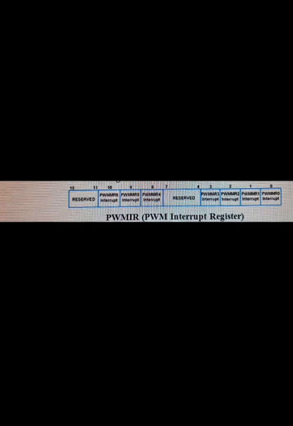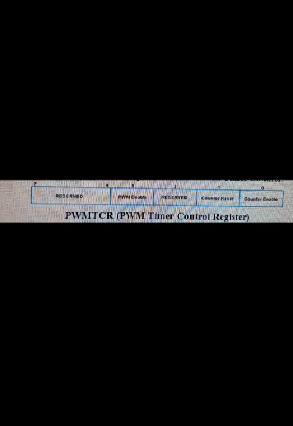The second register is the PWM timer control register. It is an 8-bit register. It is used to control the operation of the PWM timer counter.